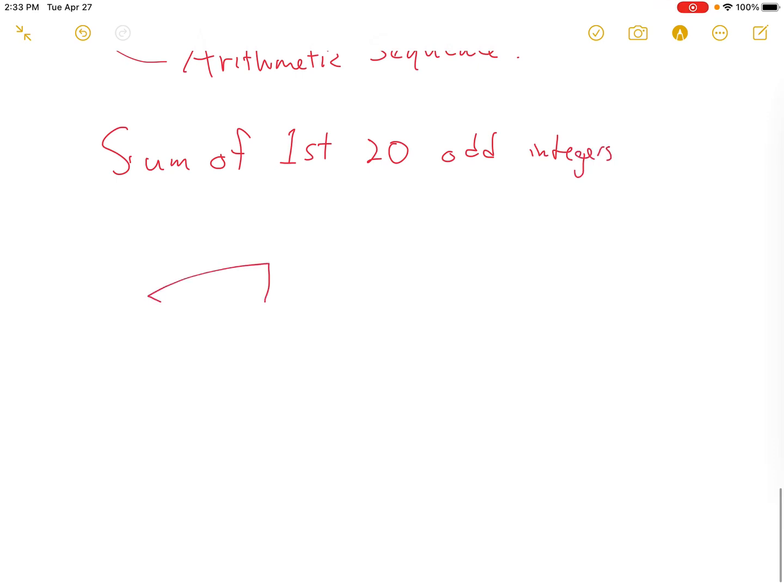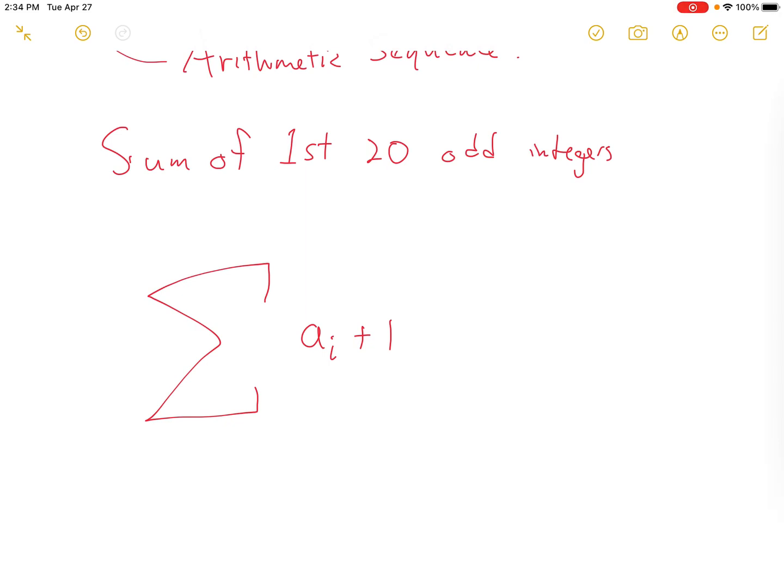Okay, so that is going to be the sum, sigma. Let's see, they have to alternate by 2, right? So you have to add 2 each time if they're odd.